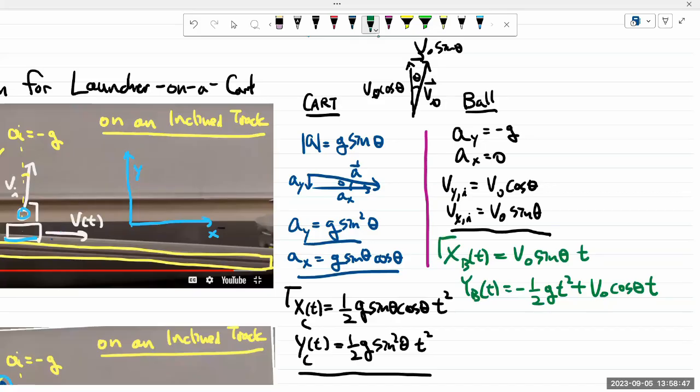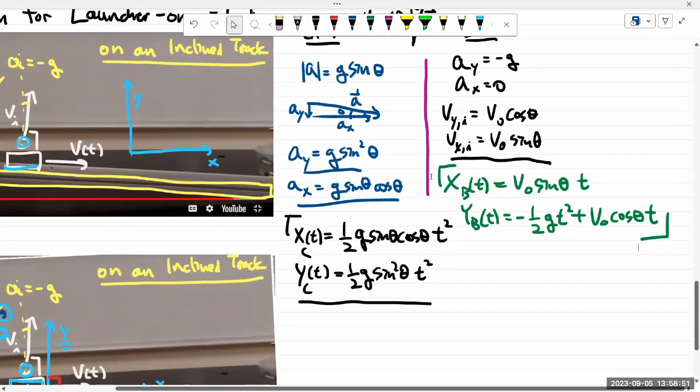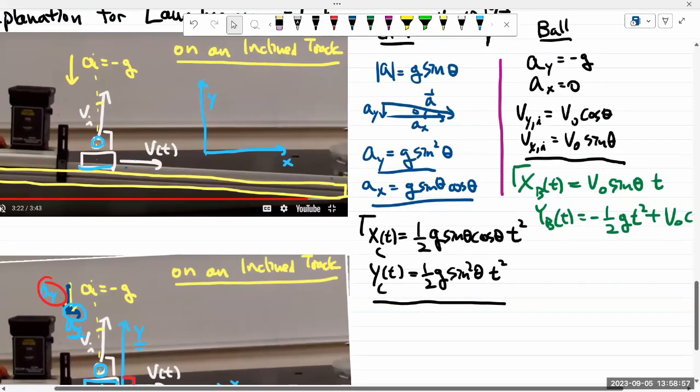So I have this set of equations, and to say out loud what I'm solving for: at the time when the ball lands, that's the snapshot I want. The moment when the ball supposedly lands on the cart, they share the same x position and the same y position.